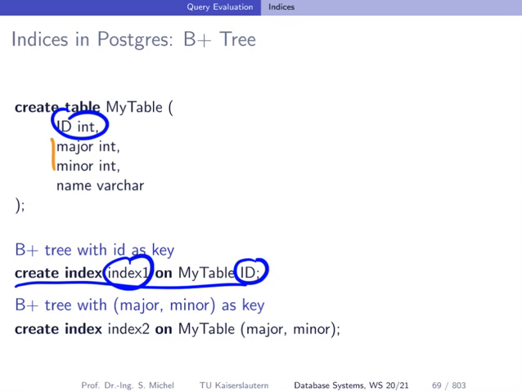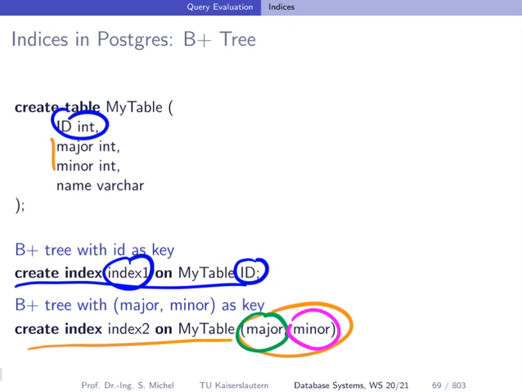And as these major and minor already indicate, when we create it with this command and specify the composite key major and minor, then major is the attribute which has the main discriminative power, and tuples are sorted based on major and minor in a way that they are first compared by major, and only if major is the same for two tuples, then minor will be taken, right? And this is exactly how lexicographic ordering is defined.